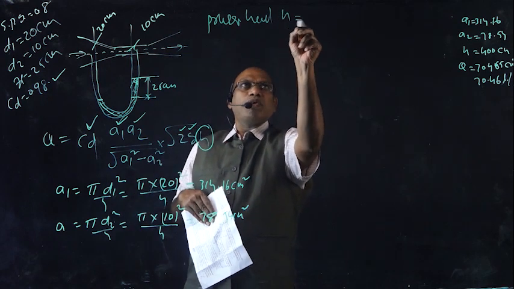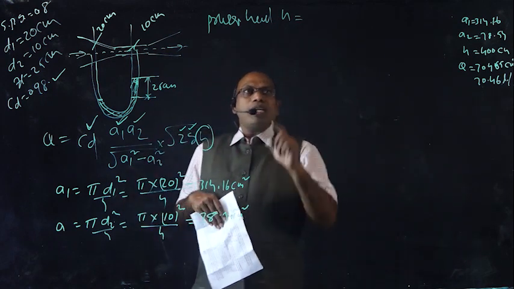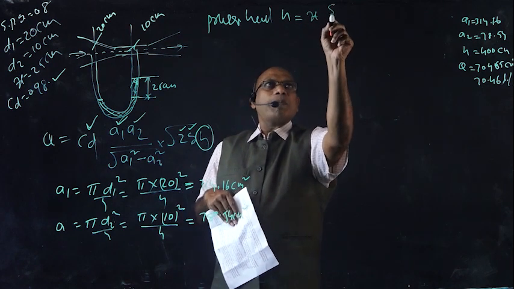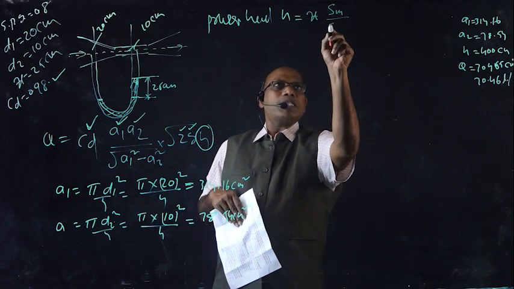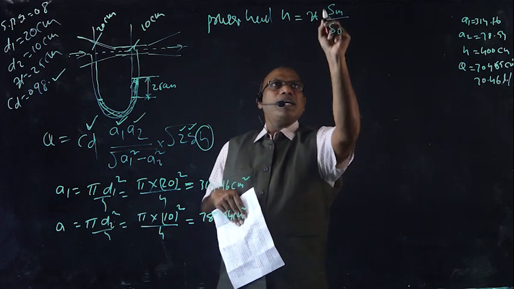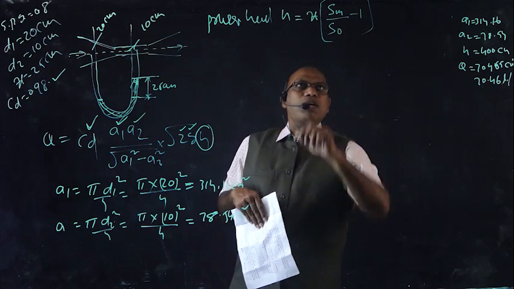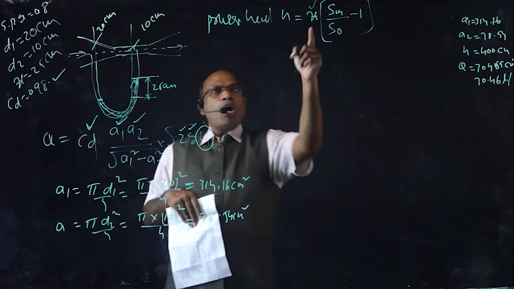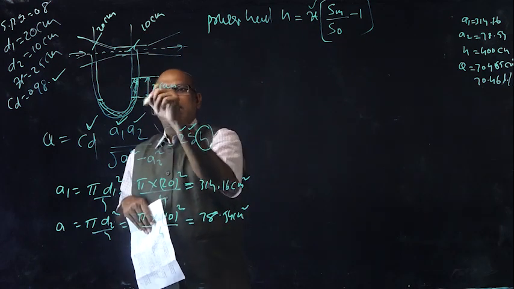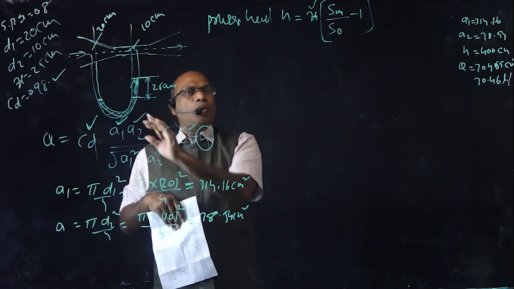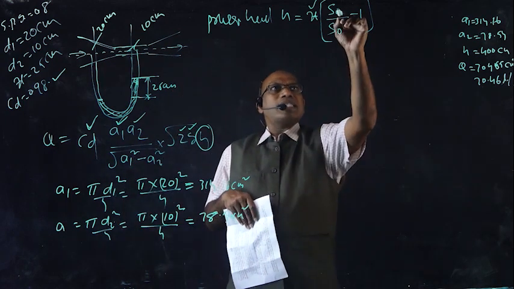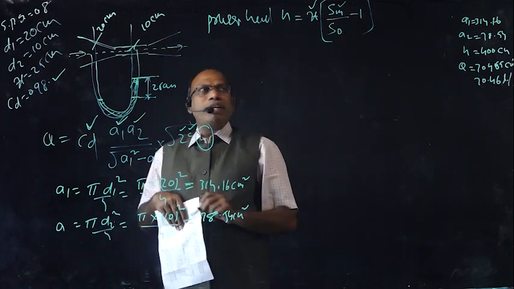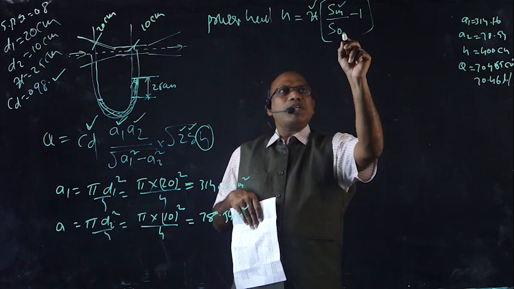The pressure head difference between two sections, H, is equal to x into (specific gravity of the heavy liquid divided by specific gravity of the flowing liquid minus 1). This is the formula I have given. x is the manometer reading, the level difference between two limbs, Sm is the specific gravity of the heavy liquid, that is the manometer liquid, and So is the specific gravity of the flowing liquid.